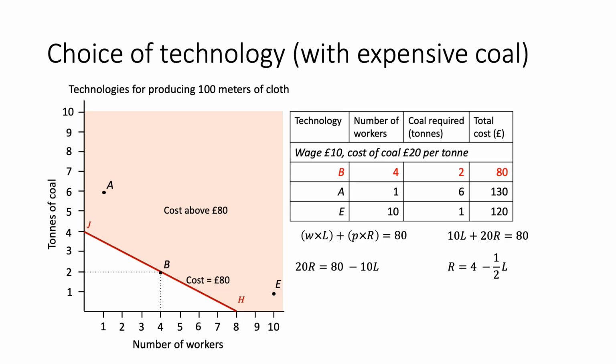We can see the calculation here gives us R equal to 4 minus 1/2 L. And so this minus 1/2 here illustrates the relative price of labor, and that gives us our slope of that isocost line. We're simplifying here to the minus 1/2, but we're simply taking that wage rate of 10 pounds over the cost per ton of coal.